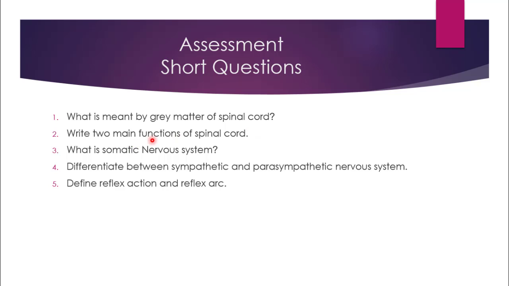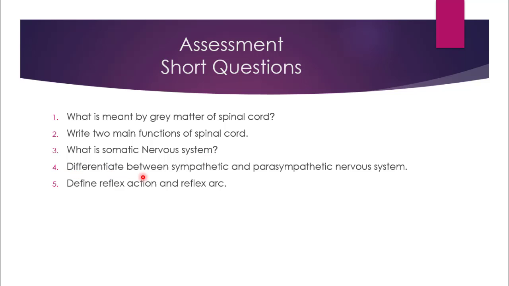Number 2. Write two functions of spinal cord. The two functions that we have studied above: the link between brain and other body parts, and as a coordinator. You will write both these two functions. Number 3. What is somatic nervous system? You will write the definition of somatic nervous system with one or two examples.